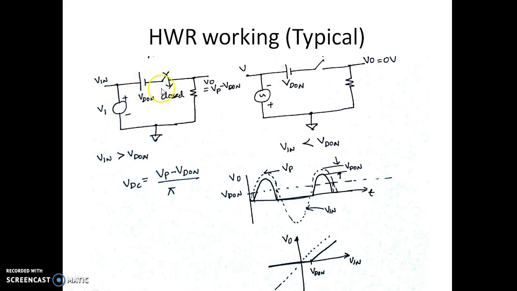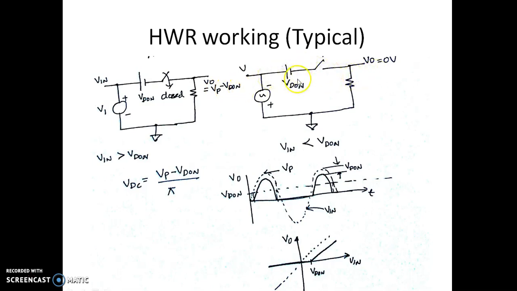We are representing the diode by a model with a power supply VD on and this switch, which is open or closed depending on the input voltage. The switch is closed if the input voltage is more than VD on. The output voltage will be equal to Vp minus VD on, and this is the peak voltage you are expecting. In general, you can write it as V in minus VD on.